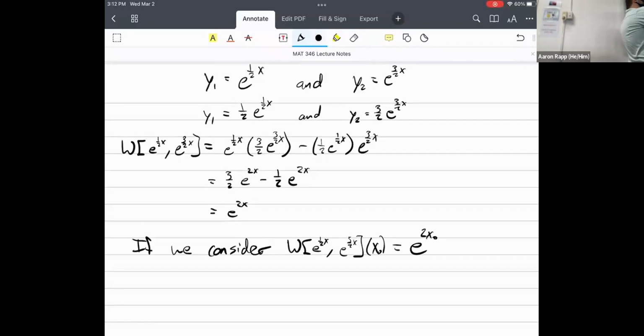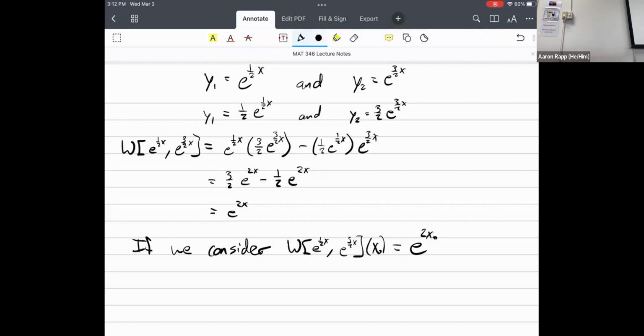You can give it any initial starting point for your independent variable. This is what the Wronskian is going to calculate. And the one thing I want to make sure, so I get a unique solution, is that the Wronskian is what? Non-zero. Yeah, perfect. Non-zero exactly at x0.